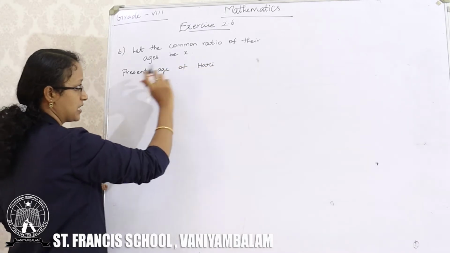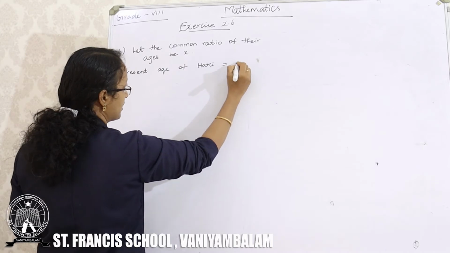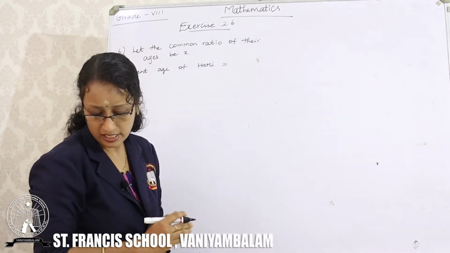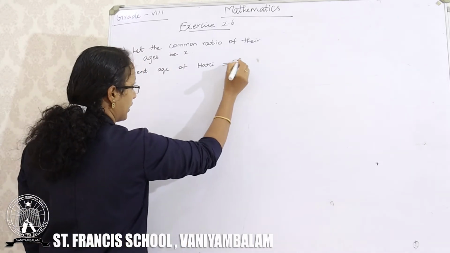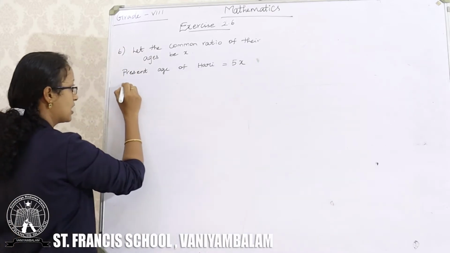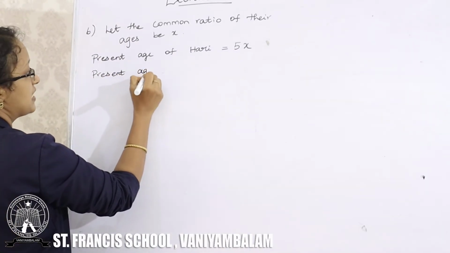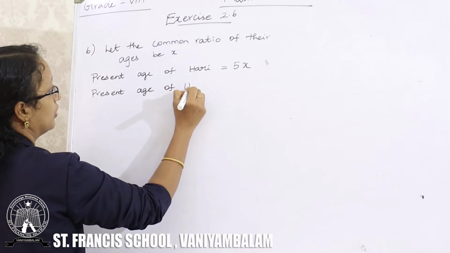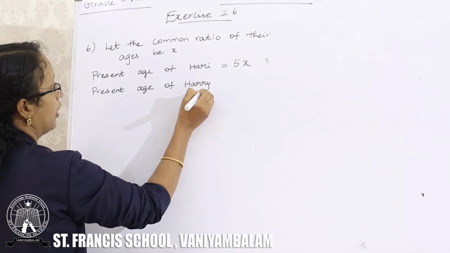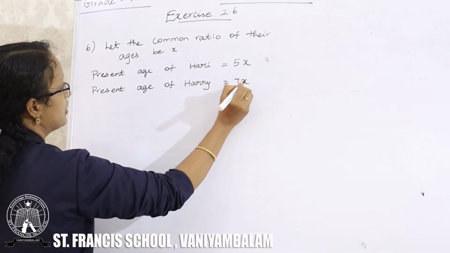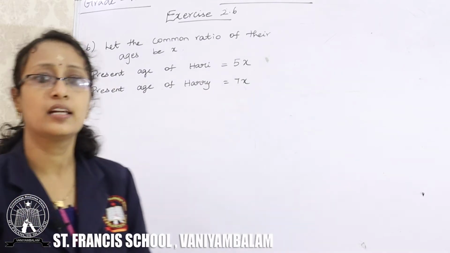What is your ratio? 5:7. So the present age of Hari is 5x, and the present age of Harry is 7x. So you got the present ages.